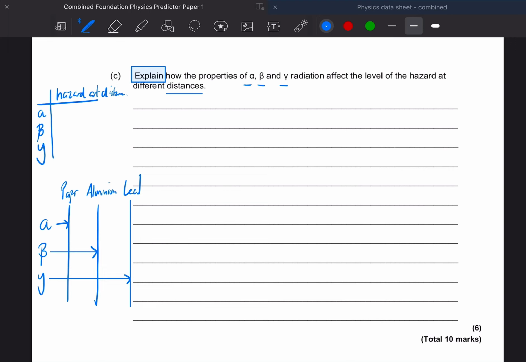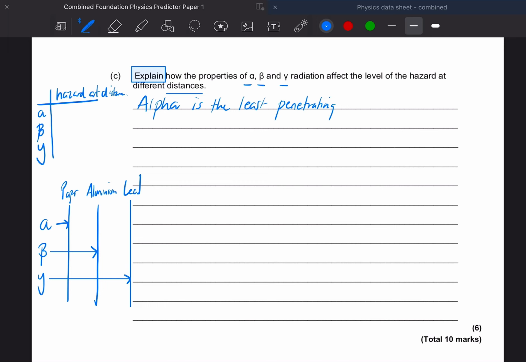Now, there's nothing in this question that said there's anything in the way. So actually we think about how far they can travel in air. But it's the same idea that the alpha particle can travel the least far in air. It's easily stopped because just like it's been stopped by paper, there's gas in the air and it can only get through so much of the gas before it's stopped. So we can say that alpha is the least penetrating.